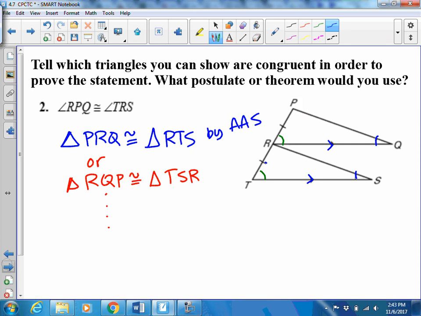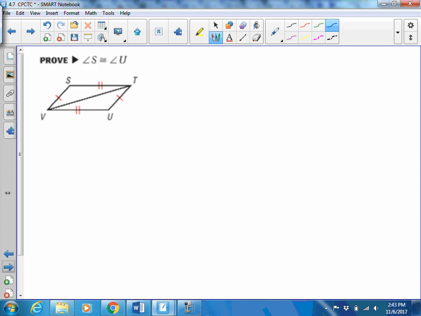Okay, let's get into some proofs here. So we are trying to prove that angle S is congruent to angle U. We're going to get our givens off of the diagram. So I'm going to use those tick marks to be my givens. So set your two columns up.